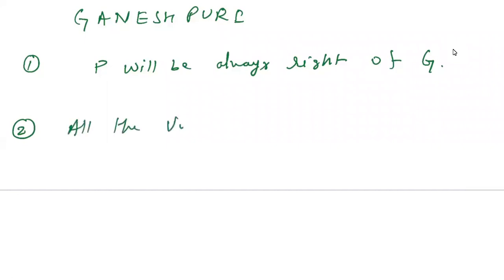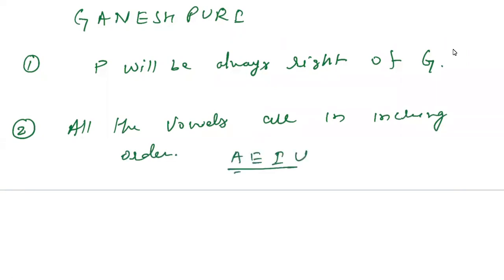All the vowels are in increasing order. Increasing order, as in the dictionary, means A, E, I, U form. Irrespective of where they are, they must be in increasing order. The first place where the vowels will be started with A, the second place with E and I, and the last with U.